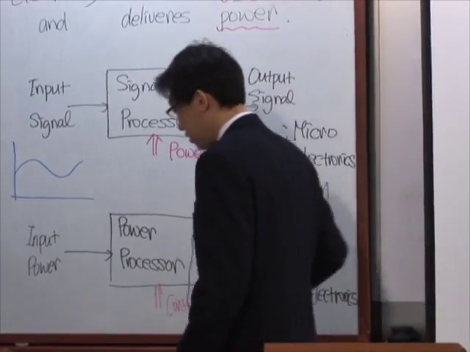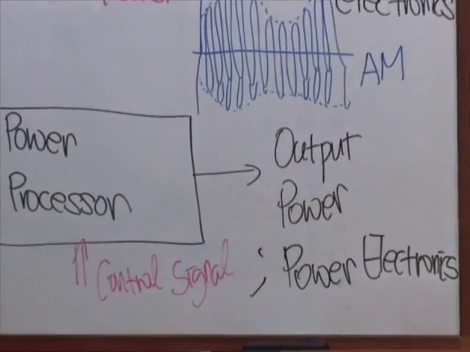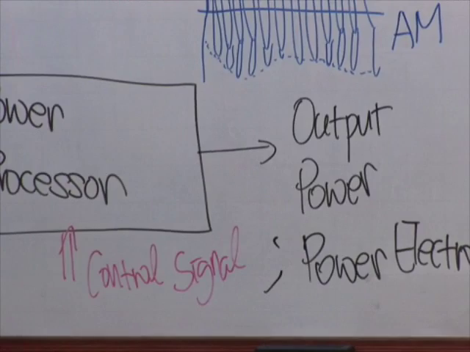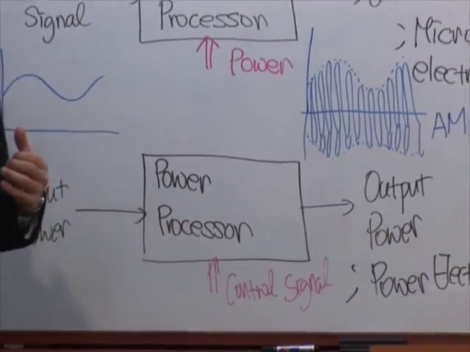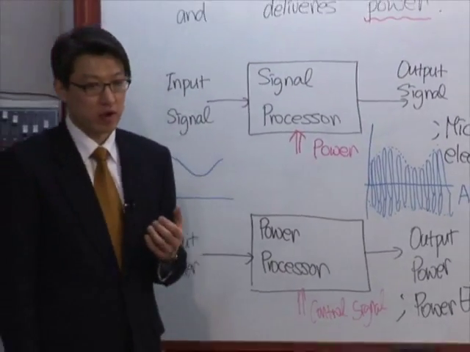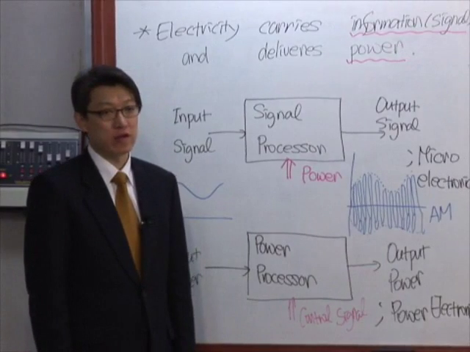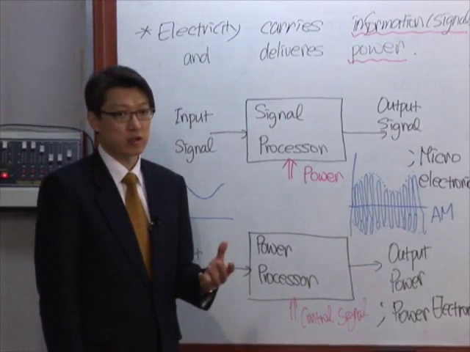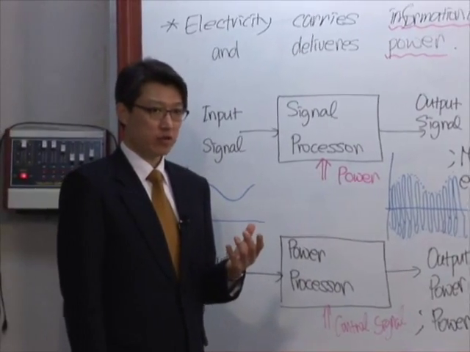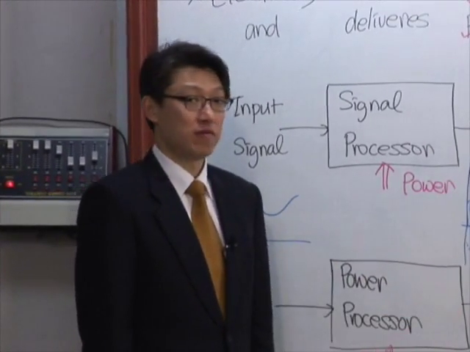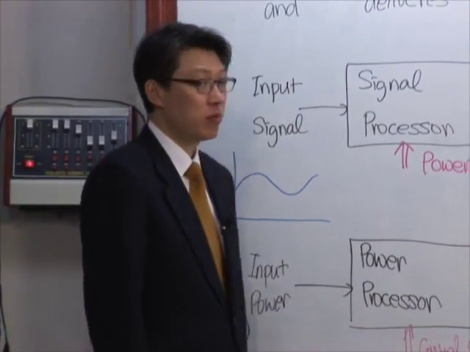So microelectronics, power electronics, okay? What could be a good example? These days the mobile phone is becoming very popular, and you charge the mobile phone every day to make it last longer. This charger has a battery voltage of 3.7 volt DC. And here, input power is how much?